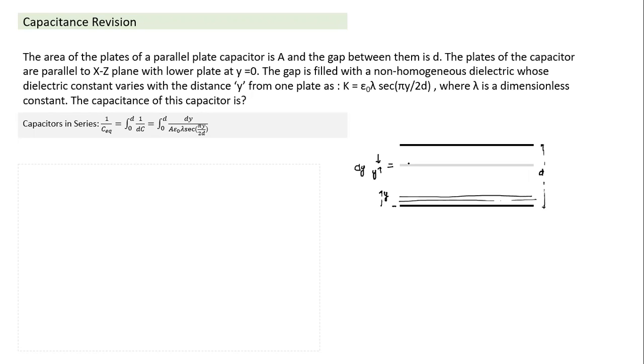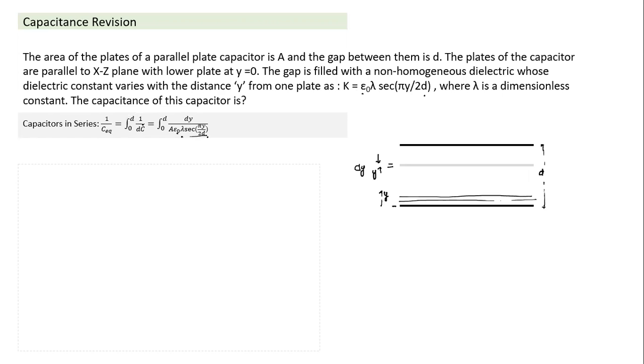So what is the capacitance? The area is A, so it is A into epsilon naught into K, the dielectric constant at that height, divided by the thickness, which is dy. So this becomes 1 by dC.